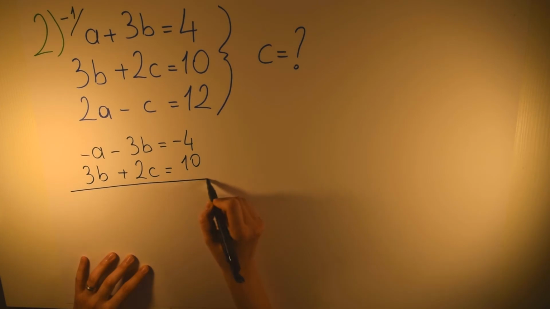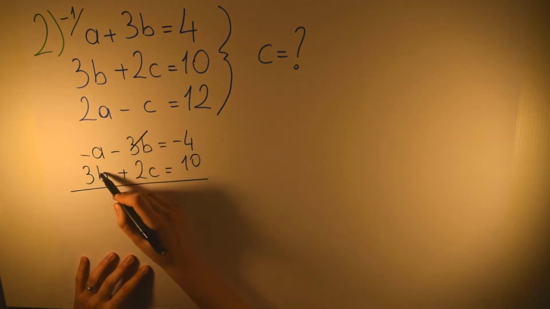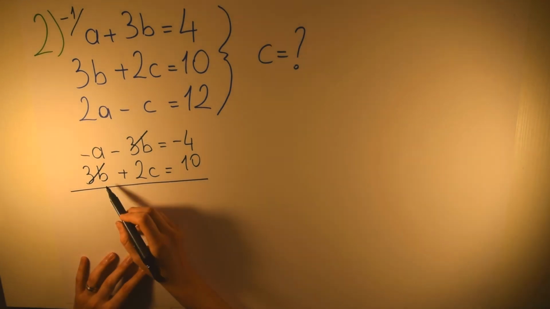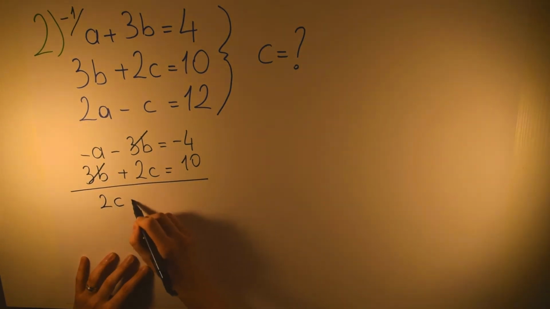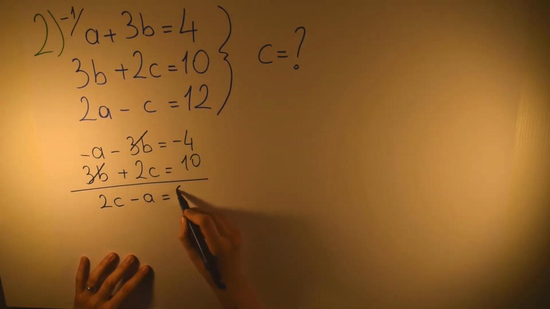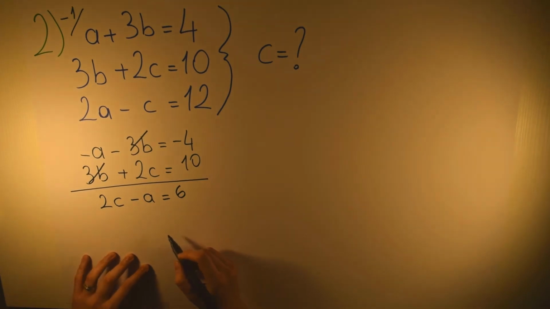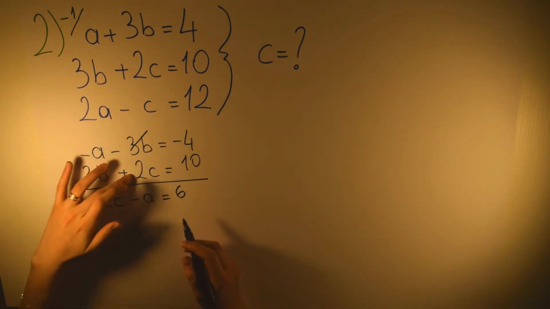So when I sum these up together, these will cancel out each other, and from here I have plus 2c minus a, which is equal to 10 minus 4, 6, right? So I destroyed b.